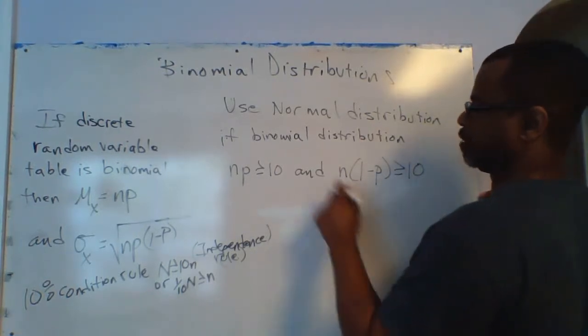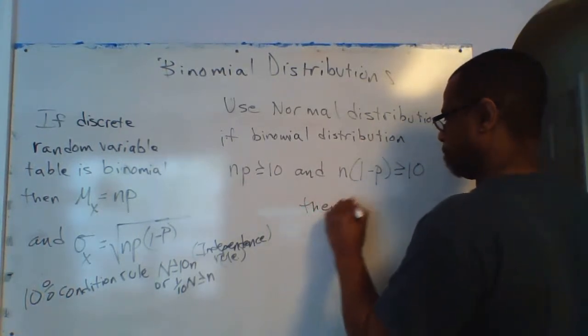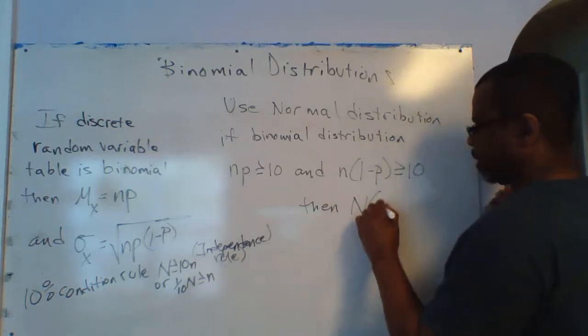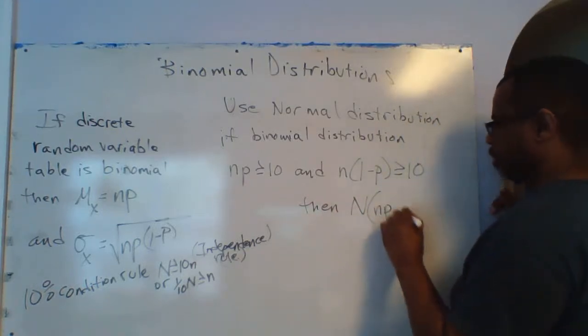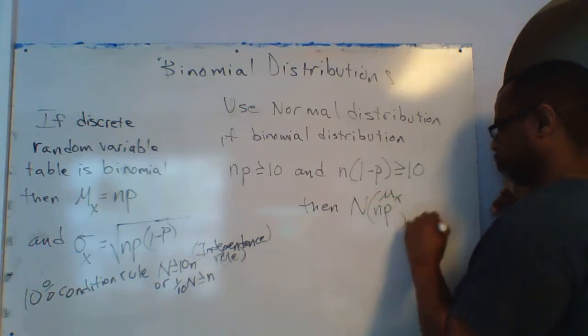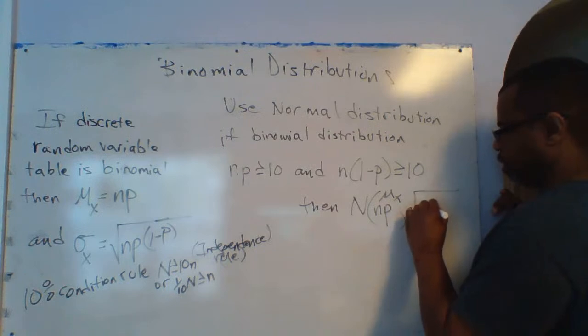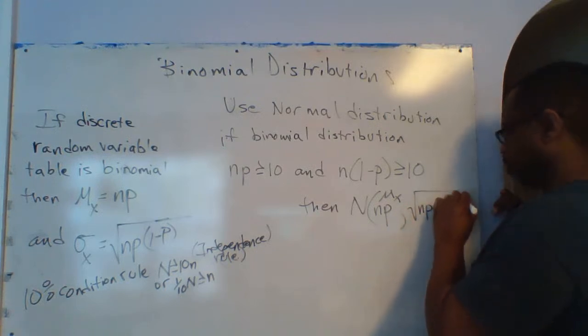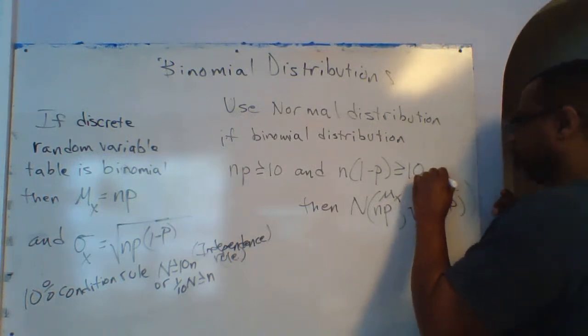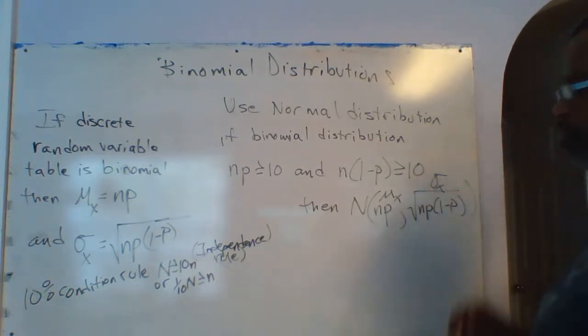The mean becomes n times p, and the square root of n times p times 1 minus p is your standard deviation for your norm curve.